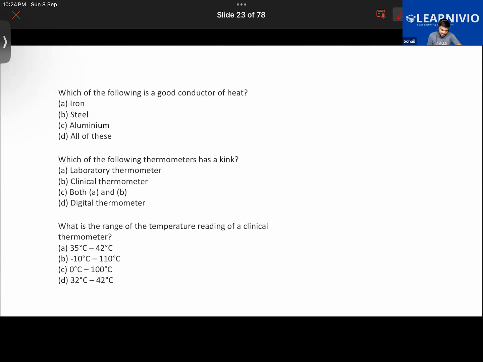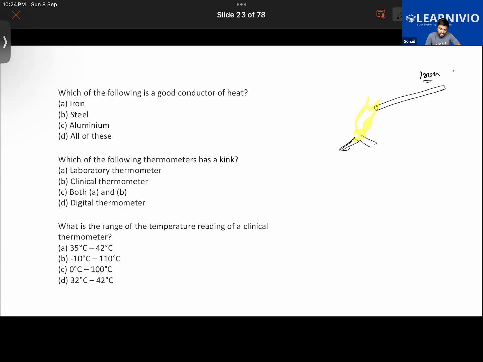Okay. Now, as we know that there are two types of objects, one which allows the heat to pass through it, another which will not allow the heat to pass through it. Imagine there's a fire and you are holding an iron rod above this fire.